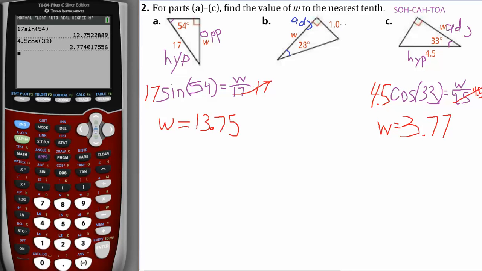And then the 1.0 is the opposite. So since we have the opposite and the adjacent, we're going to deal with the tangent of 28 degrees.